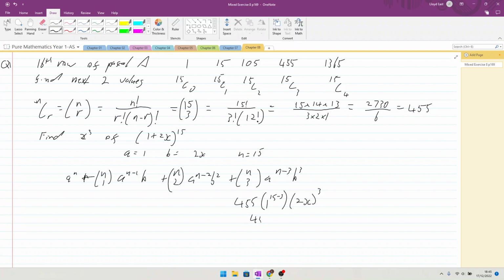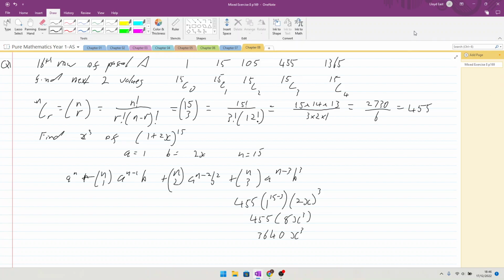So that's 455 times 2 times 2 is 4 times 2 again is 8x cubed. 455 times 8 is 3640. That is the coefficient of the x cubed term.